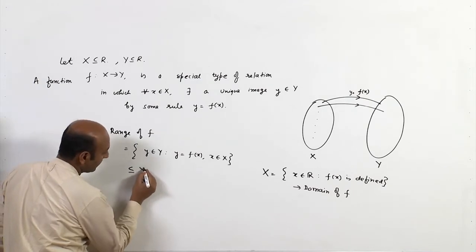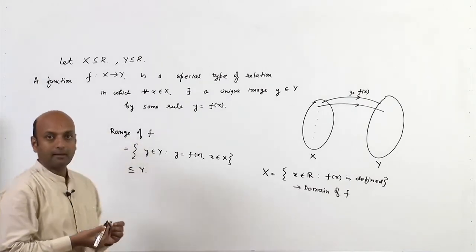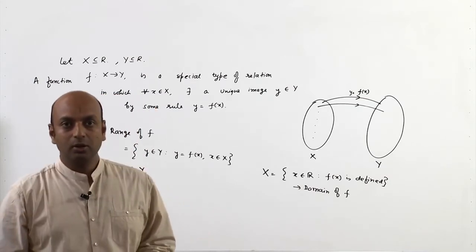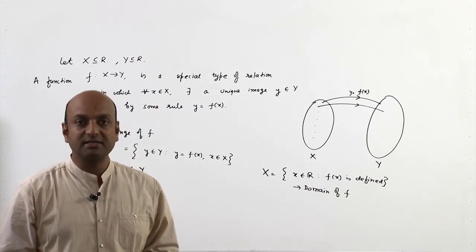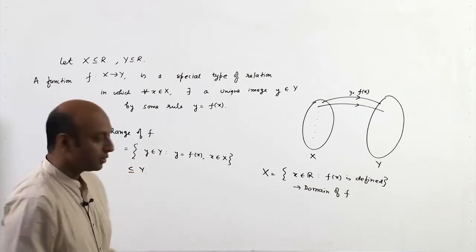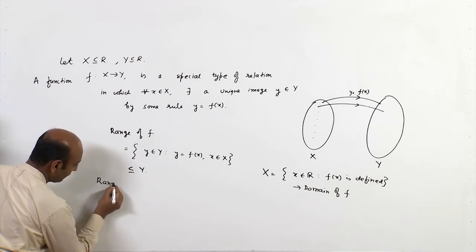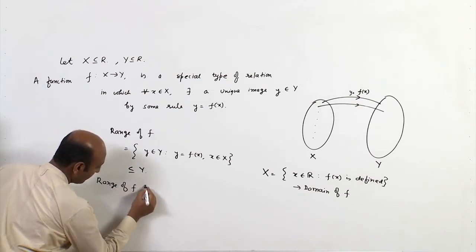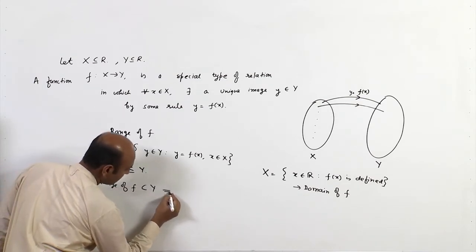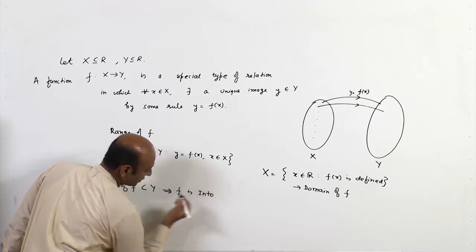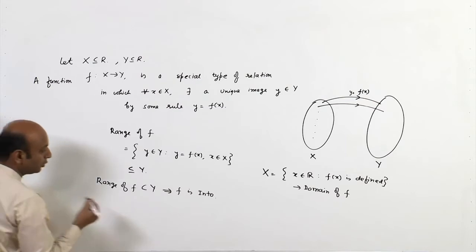It is quite natural that the range of the function is always a subset of capital Y. If it is a proper subset of capital Y, we call such a function an into function. If the range of f is a proper subset of Y, then f is called an into mapping or into function.